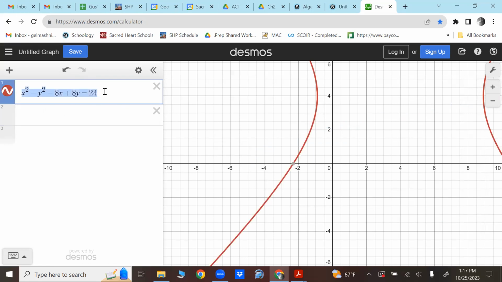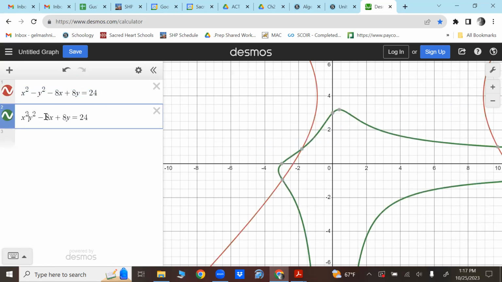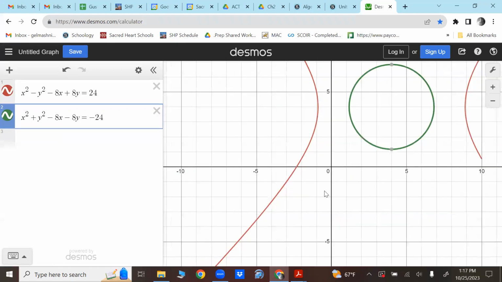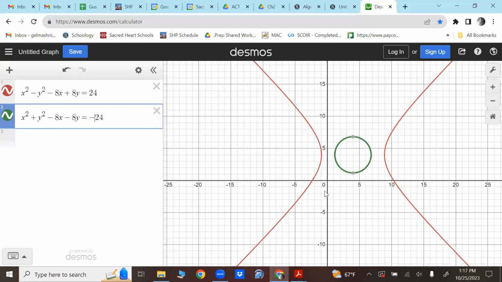Then this one, let me just copy and paste, make my life a little easier. x squared plus y squared minus 8x. Yeah. So actually, I have a circle. Sorry, a circle and a hyperbola. They don't touch. So there you go. That makes sense. They should not touch.